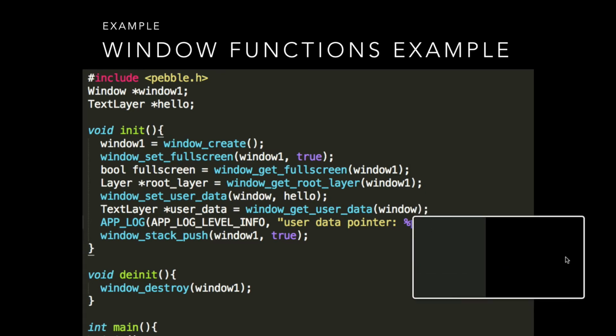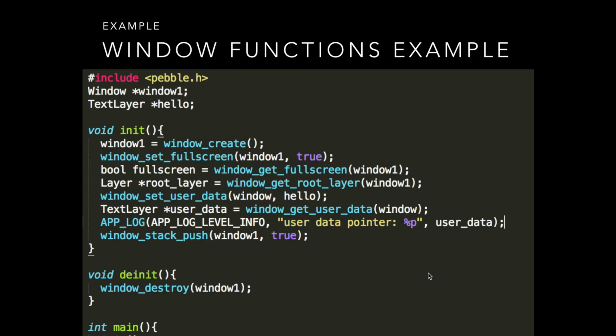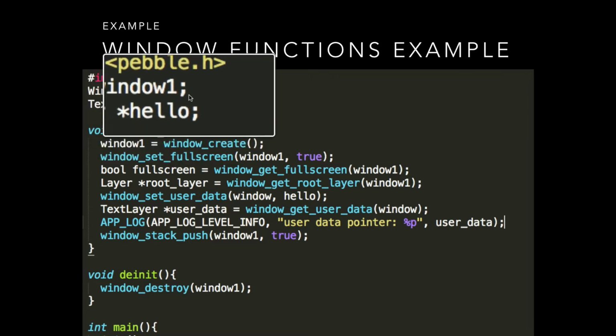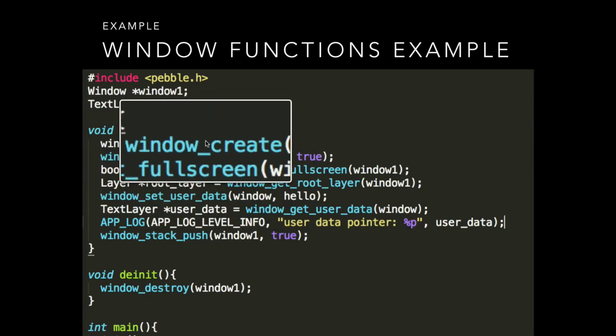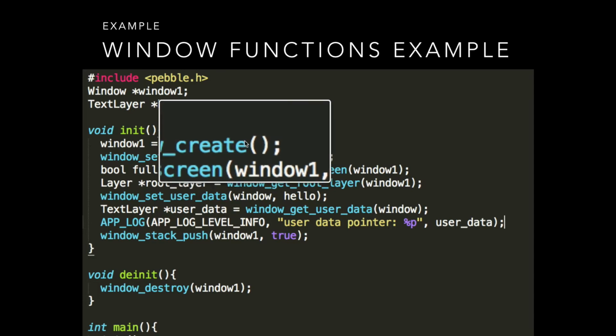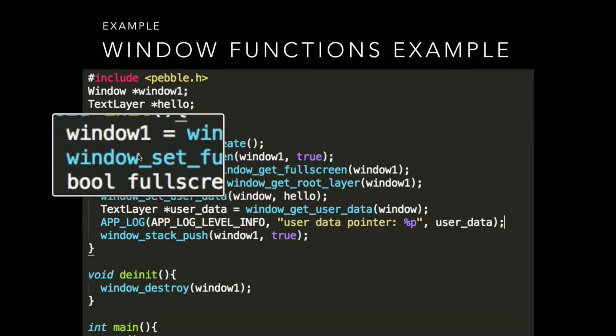Alright, so here's a simple example of some window functions. So we're just going to pretend down here that main is finished and everything. So we have our text layer here called hello, and we have our window called window 1. And I know this is really messy code. That's not the point. The point is to show the capabilities. So you have window 1 being created with window create. Notice how you don't pass a window in, it returns a window for you.